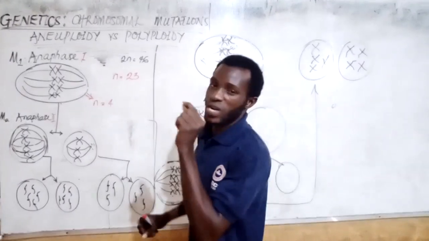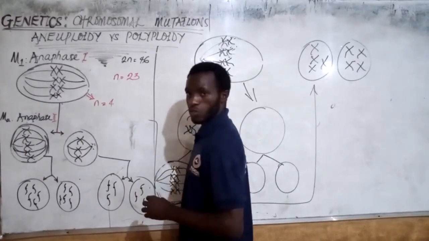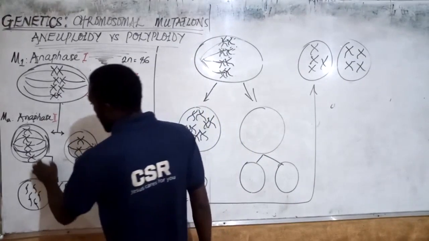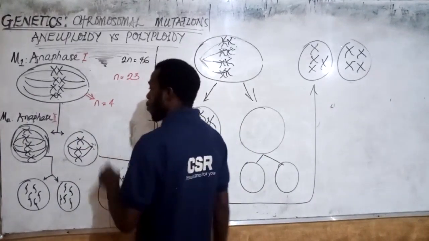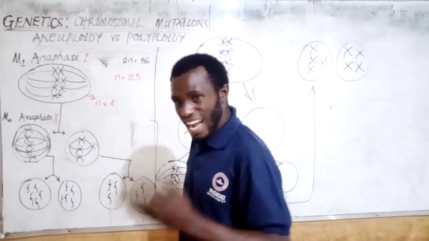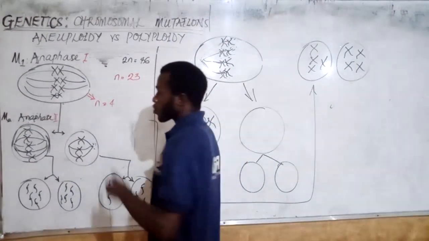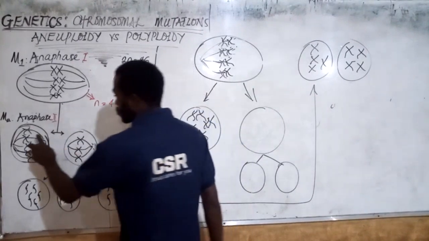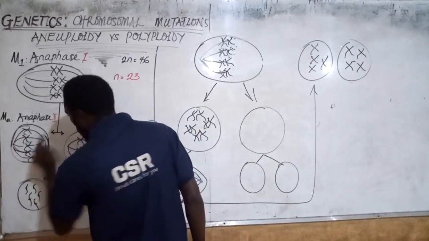So what would that result in? We have two daughter cells being created in meiosis 1. You will notice that one of the daughter cells is going to have an extra copy of a chromosome. Instead of having an N number of 4, we have 1, 2, 3, 4, 5.